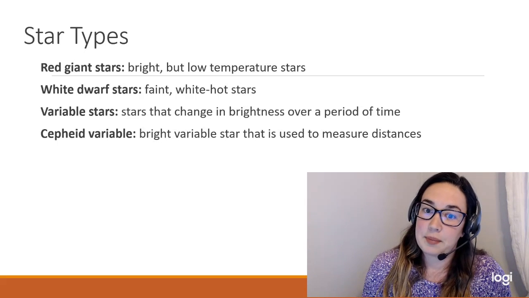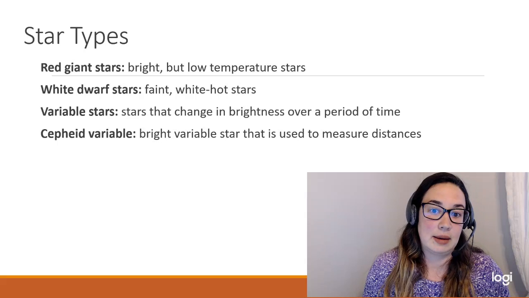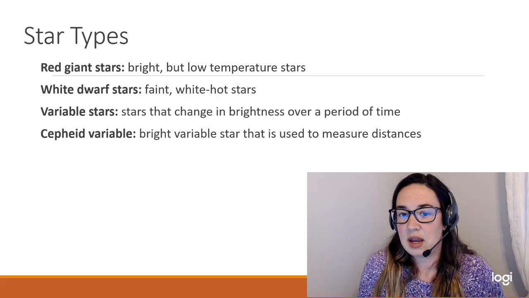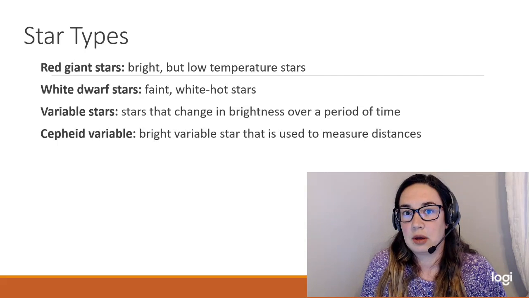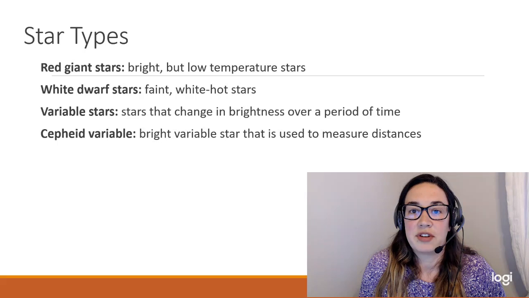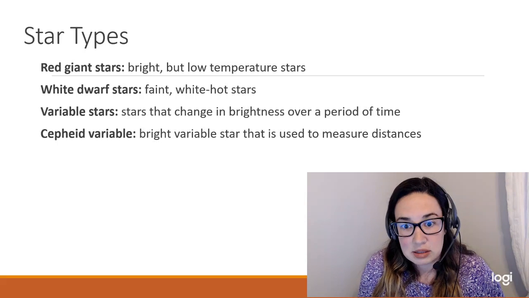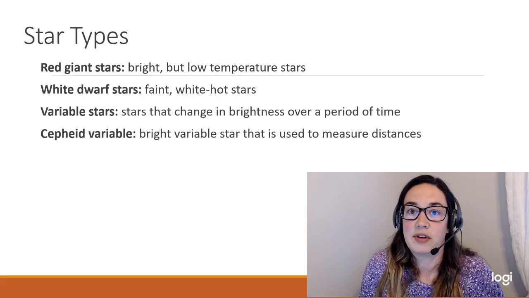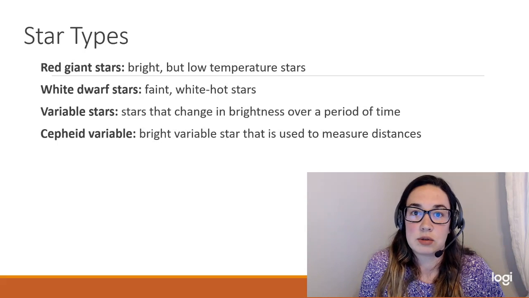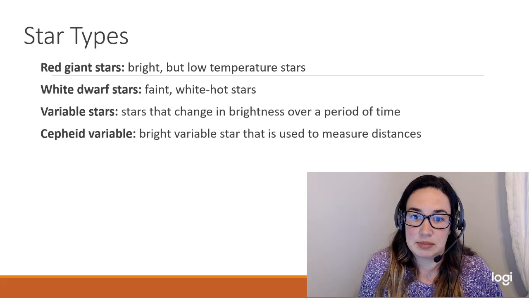They're very bright, but very cool in temperature. So we also have our white dwarf stars. If you could see on the HR diagram, they were on the lower left portion of the chart. And so those are very faint or very low luminosity, and they are very hot. So very high in temperature, white hot, but very dull at the same time.